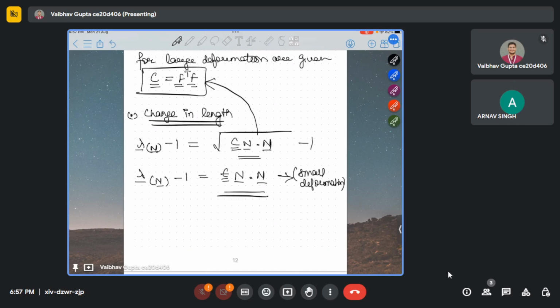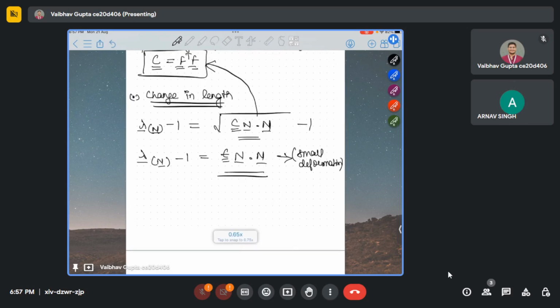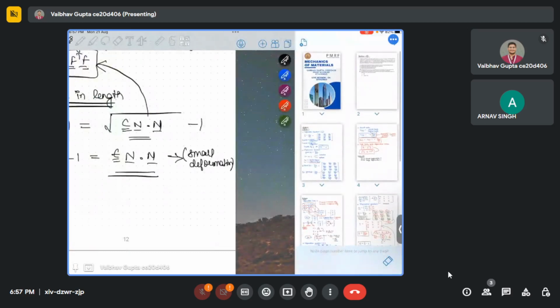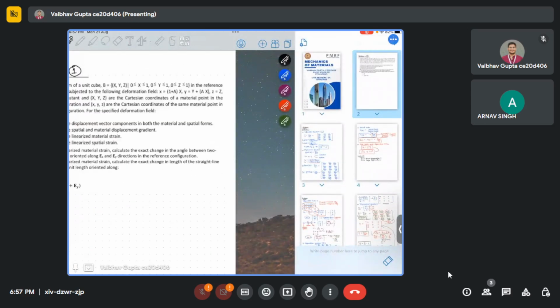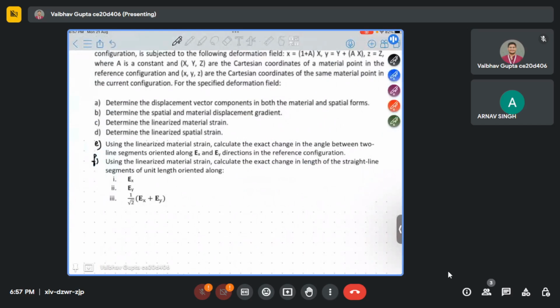Suppose in the given question, I'll show you. This is the question given, E part. Using the linearized material strain.